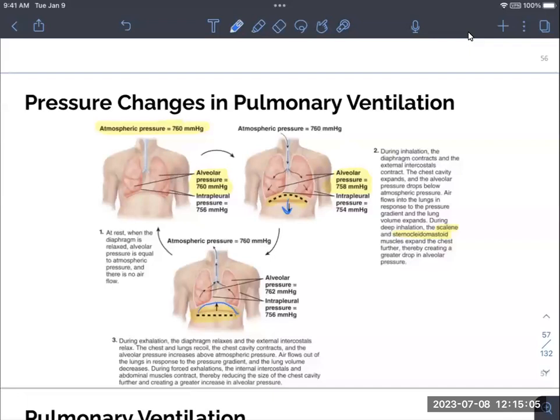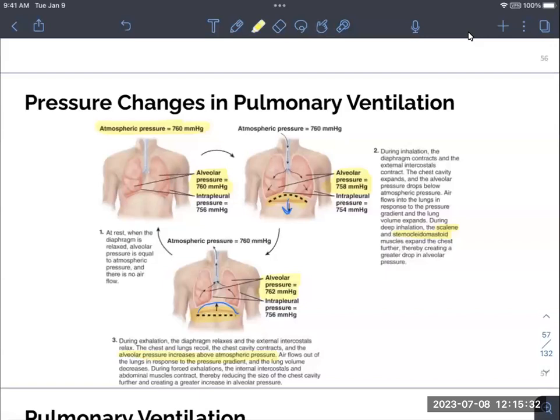This is going to cause alveolar pressure to increase, and it goes above atmospheric pressure, not by a whole lot, but enough that it makes a difference. And this is what causes air to leave the lungs.